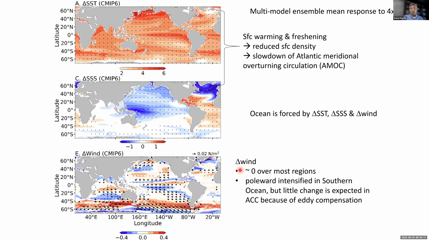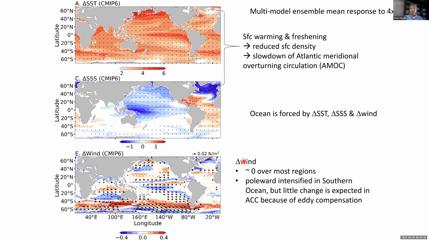And then in terms of wind forcing, over most of the world ocean, the wind changes are incoherent and highly model dependent, except in the Southern Ocean. So in the Southern Ocean, we see across models the westerly winds intensify and shift to the south, closer to the South Pole.